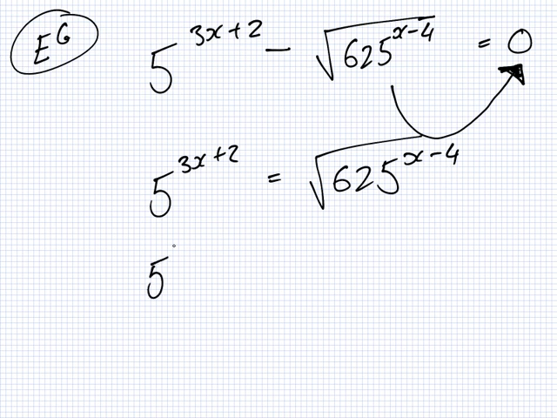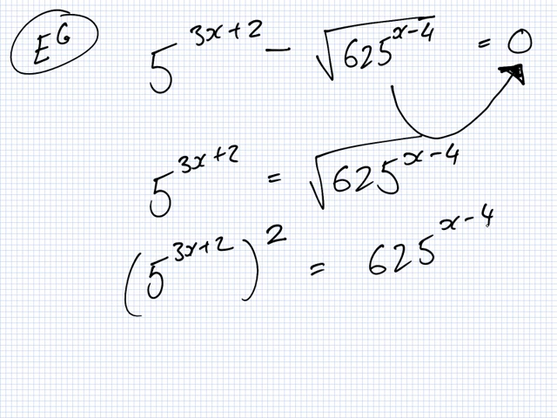So I have 5 to the 3x plus 2, squared, equals 625 to the x minus 4. So I put a square here and here. You get the idea?